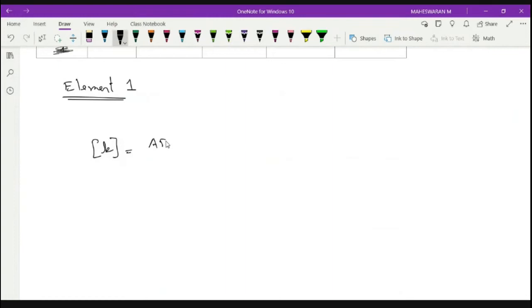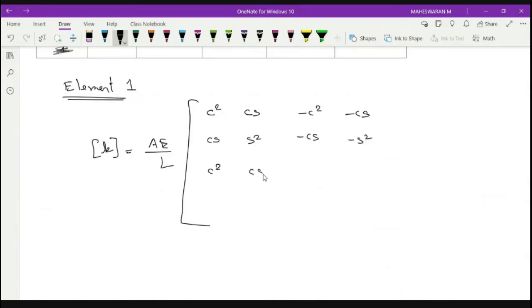It is A E by L times the matrix: C square, CS, minus C square, minus CS; CS, S square, minus CS, minus S square; minus C square, minus CS, C square, CS; minus CS, minus S square, CS, S square. This is my matrix.